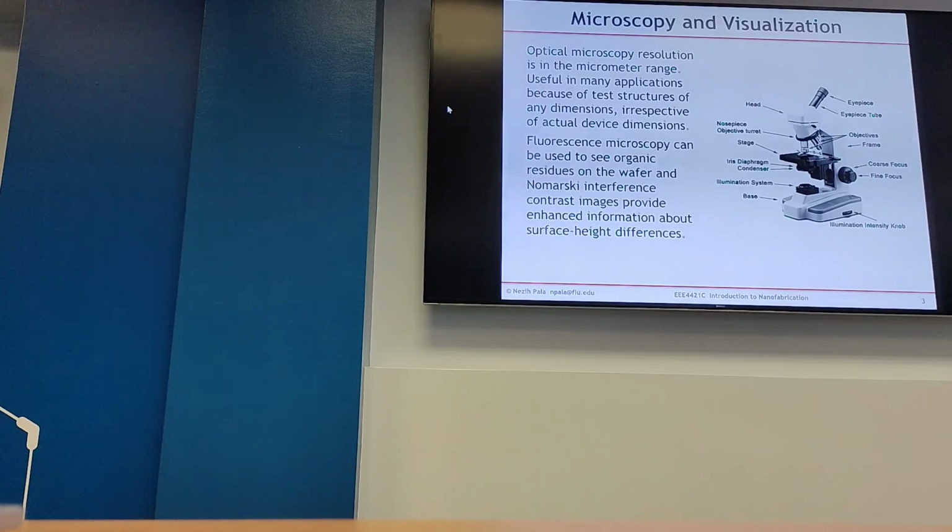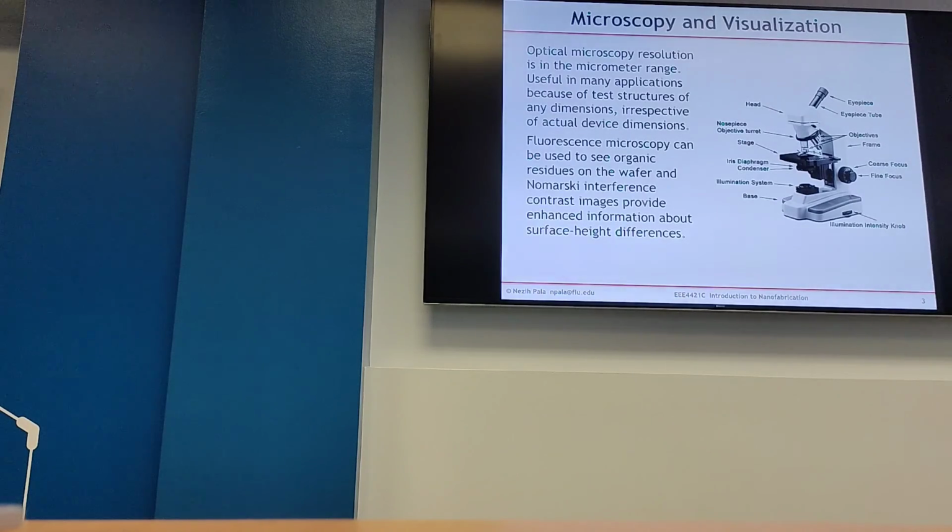Let's say after that, if your pattern transfer is successful, you either deposit or etch, just like you did, and then you check it again. You did, right? You measure the thickness and the critical dimension, CD, if they are within your tolerances, your process requirements. So all of those things are related to metrology, which is a very important part of the microfabrication process.